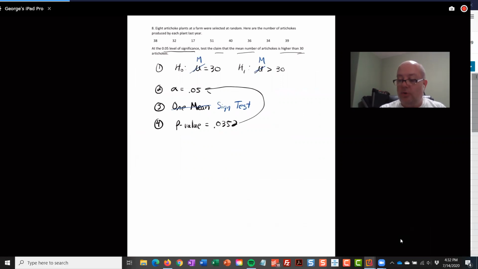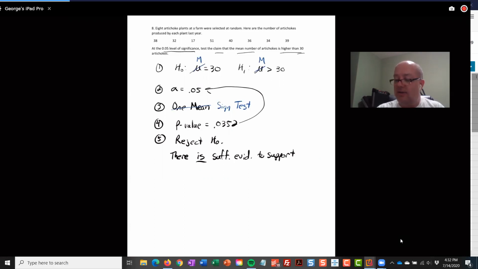It's lower. So in this problem, we're going to reject the null hypothesis. The belief that the median was 30, we're saying that we believe it's false. That means that there is sufficient evidence to support what H1 says.